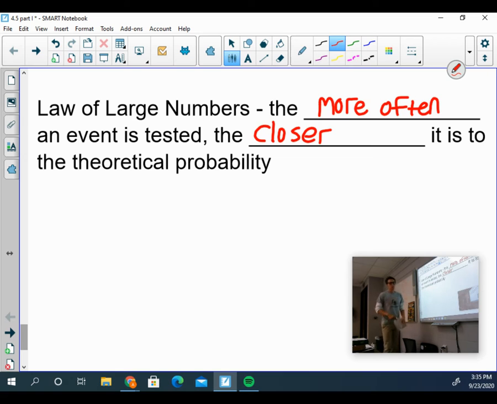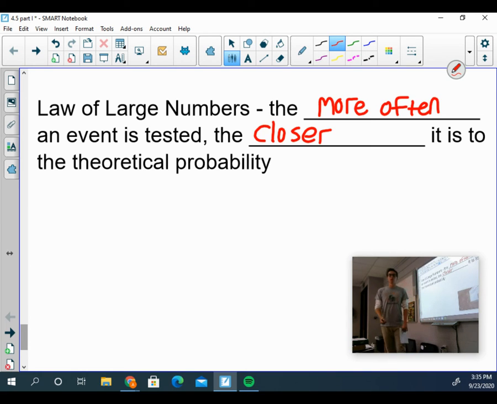What does this mean? Well, if I flip that coin 4 times and I get 4 heads, you go, man, the theoretical probability is 50%, but you got 100%. That's weird. Well, what happens is if I flip that coin 100 times, maybe then it's 60 heads and 40 tails. I flip it 1,000 times and it's 550 heads and 450 tails.